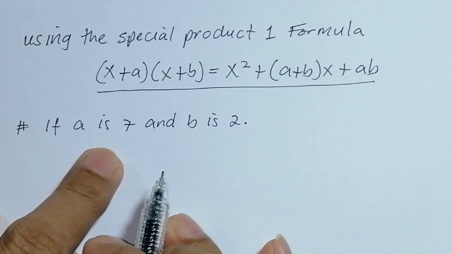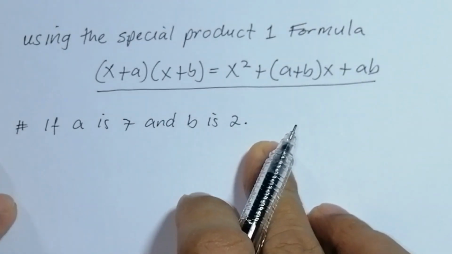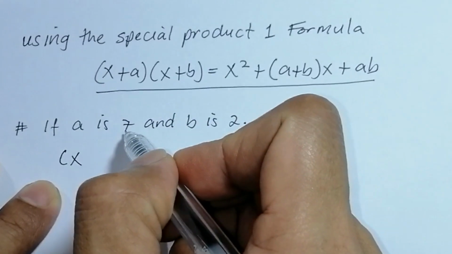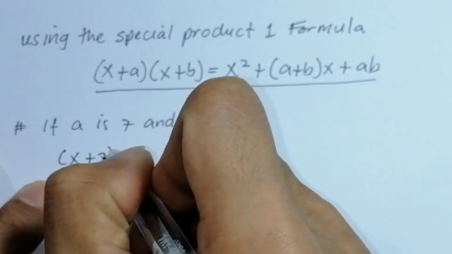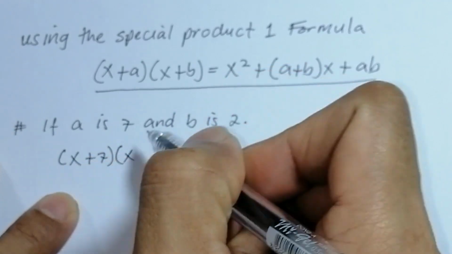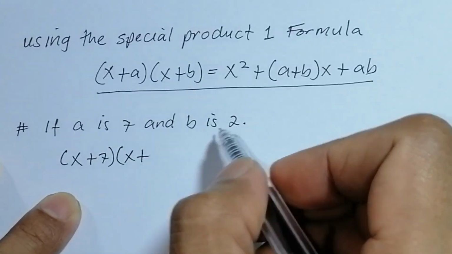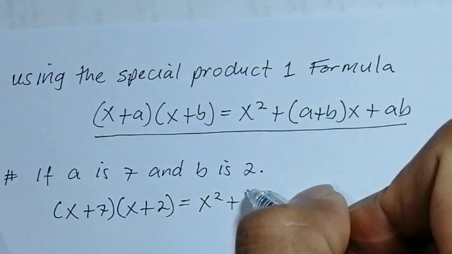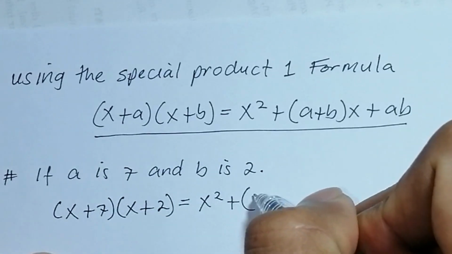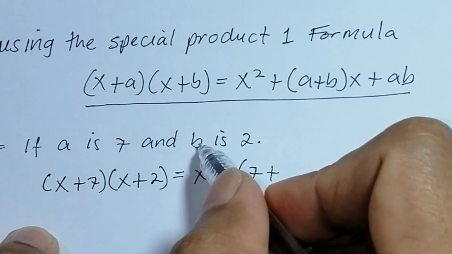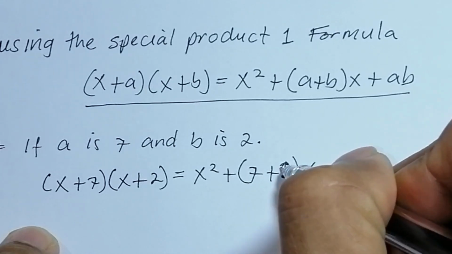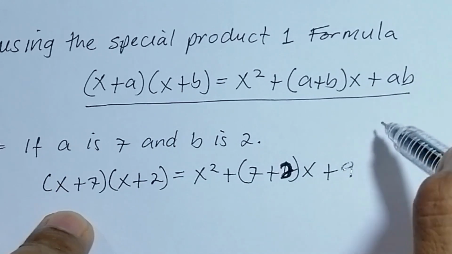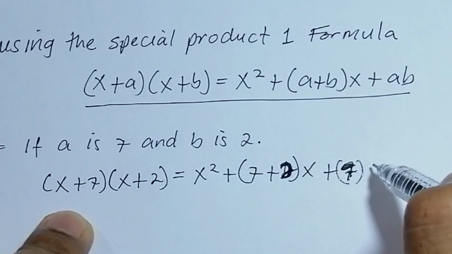Now if a is 7 and b is 2, using this formula, we're going to write x plus 7, multiplied by x plus 2, is equal to x squared plus, again, our a is 7 plus b is 2, times x plus, our a is 7 multiplied by b is 2.